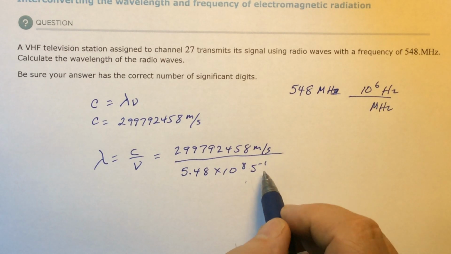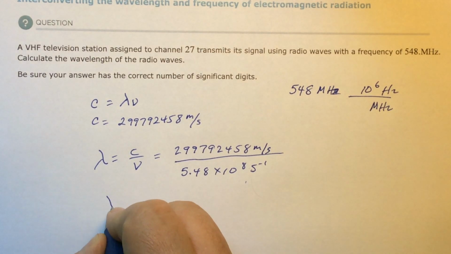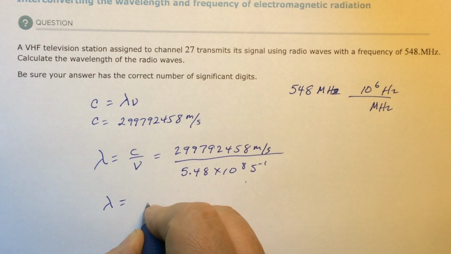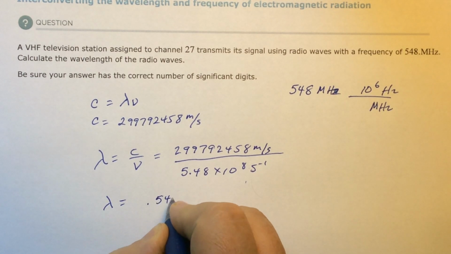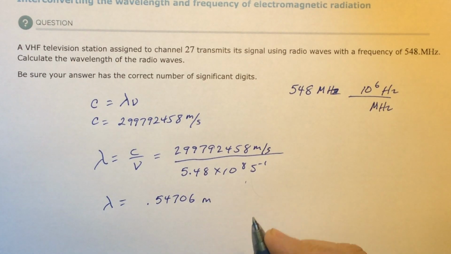Seconds and seconds cancel, and your wavelength is in meters. All right, so you get lambda equals 0.54706 and it goes on, meters.